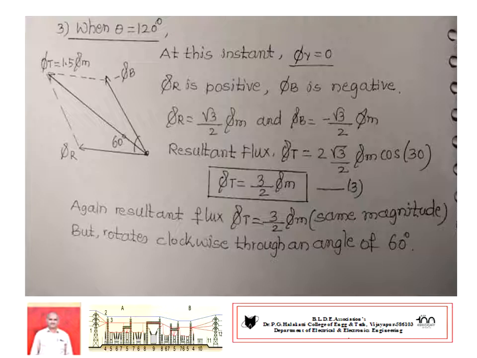Hence the resultant flux becomes phi t equal to 2 into root 3 by 2 phi m cos of 30 degrees, that is 60 by 2. So once again the resultant flux becomes 3 by 2 phi m. From this it is observed that again the resultant flux is of constant magnitude, but it shifts clockwise through an angle of 60 degrees.